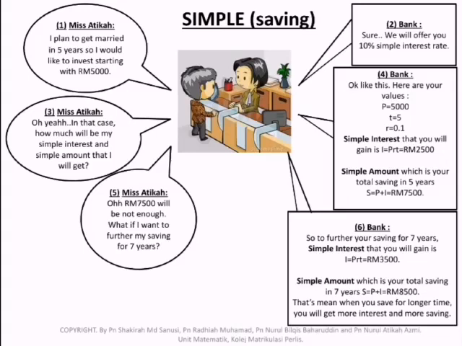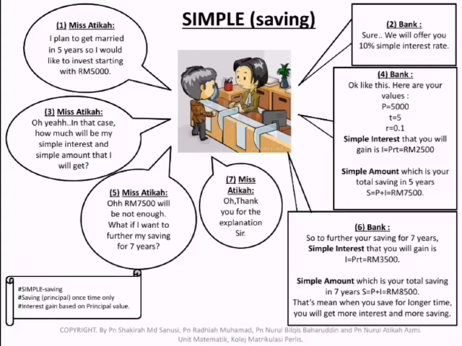Your simple amount, which is your total saving in 7 years, S equal to P plus capital I, is RM 8,500. That means when you save for a longer time, you will get more interest and more saving. Oh, I see. Thank you for your explanation, sir. You're welcome.